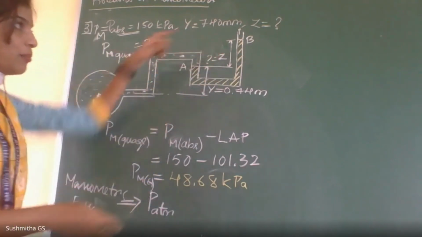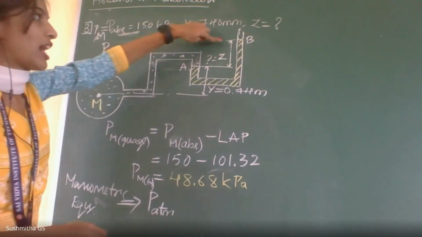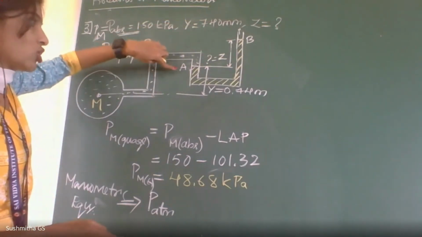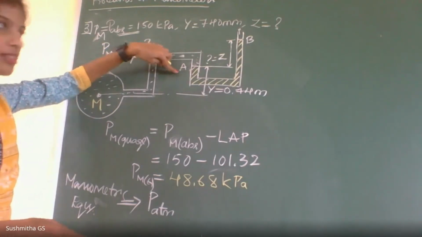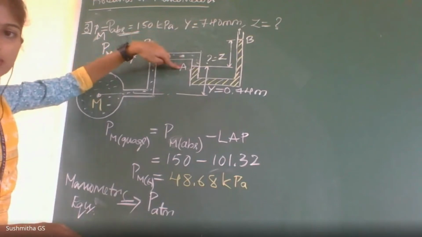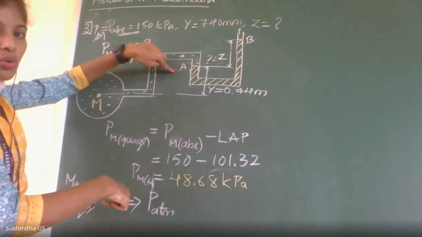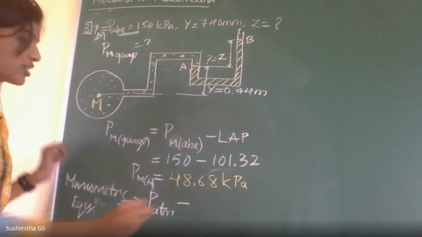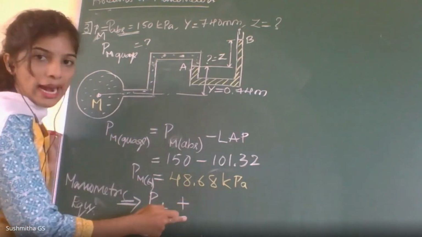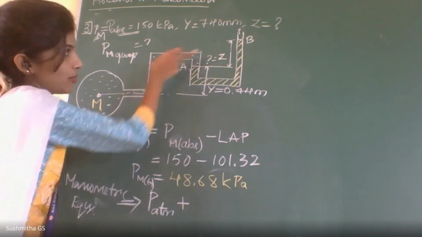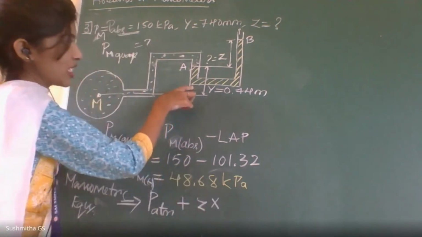Next, we move from B to A. Compared to B, A is below. If it is below, do we add or subtract? It is add. As A is below, you have to add the height from B to A, which is Z, into the specific gravity of this liquid.